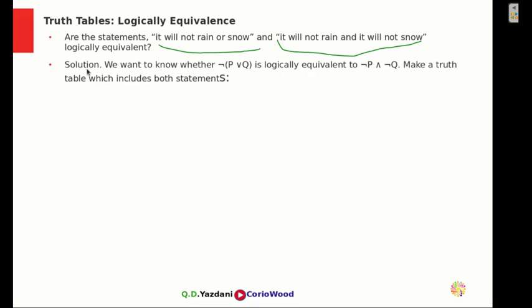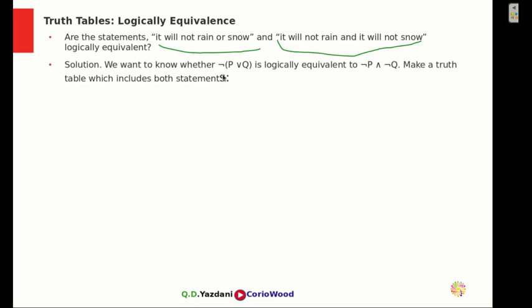Solution: we want to know whether this is not (P or Q). Here, it will not rain or snow is not (P or Q), where P is rain and Q is snow.